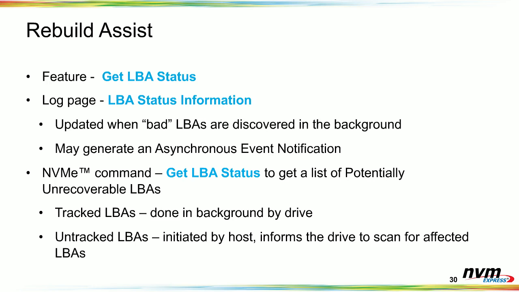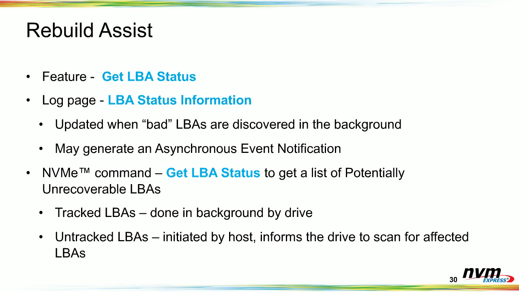So Rebuild Assist is a feature. It is actually called the Get LBA Status feature. That feature has two parts to it. There is the LBA Status information, which is a log page. This log page is updated when bad LBAs are discovered in the background.